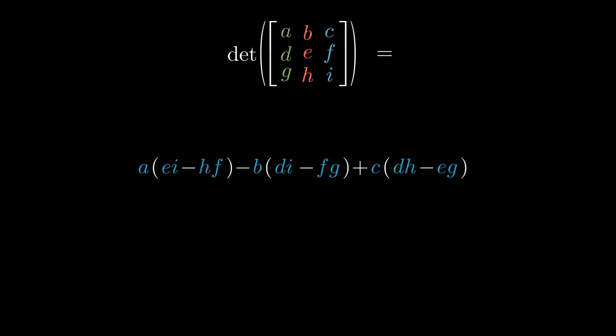After we're done grouping, you can notice a peculiar pattern is forming, and if you look at each set of parentheses, you can see that the difference in them actually looks like the formula for a 2x2 determinant. By looking for the terms in the original matrix, you can actually see it is just the determinant of a subset of the original larger matrix.